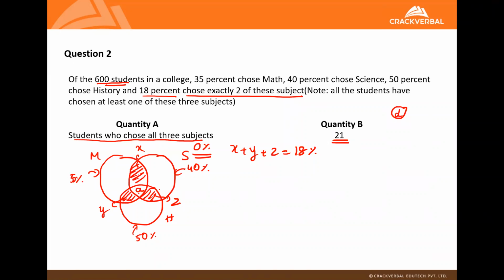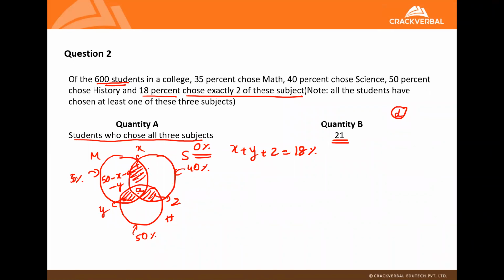So I'm going to do the roundabout procedure first. If this is X, this is A, and this is Y, this is going to be 50 minus X minus A minus Y, because this entire circle is 50. There's already X in it, there's already A in it, there's already Y in it. So this region is 50 minus X minus A minus Y. Same way, this entire S circle is 40.